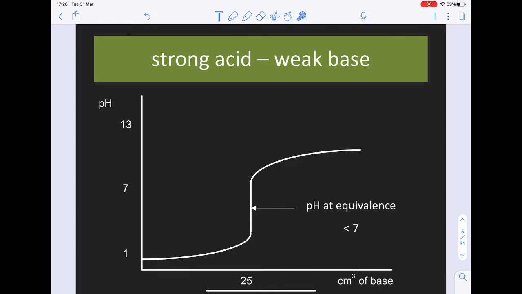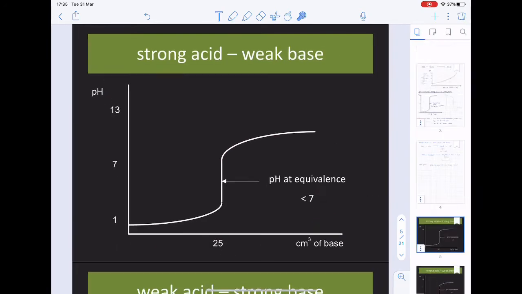So unless it's very, very concentrated, we're not likely to have a very high pH at the end here if we're adding the alkali to the acid. Hopefully you notice that the middle of the vertical section of the pH curve is below 7, as we mentioned before. So for a strong acid and a weak base, the middle of the vertical section of the pH curve is going to be below 7.